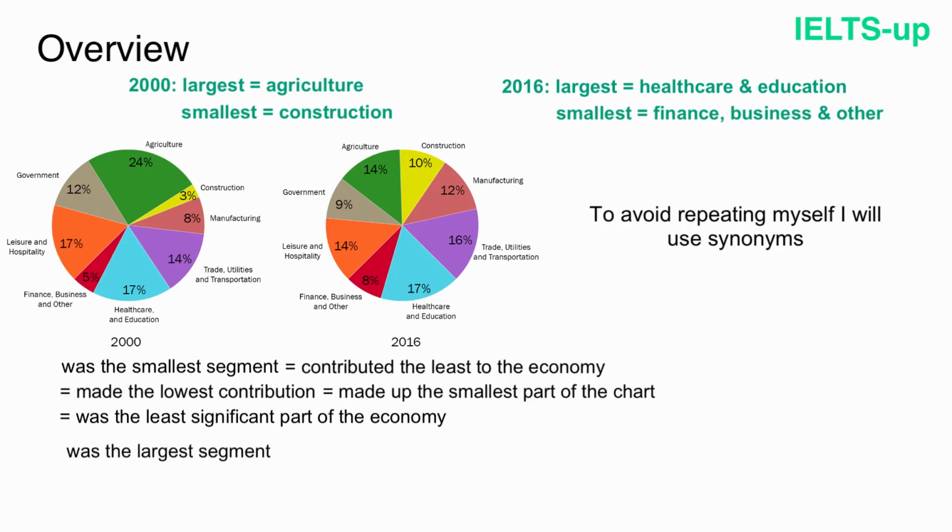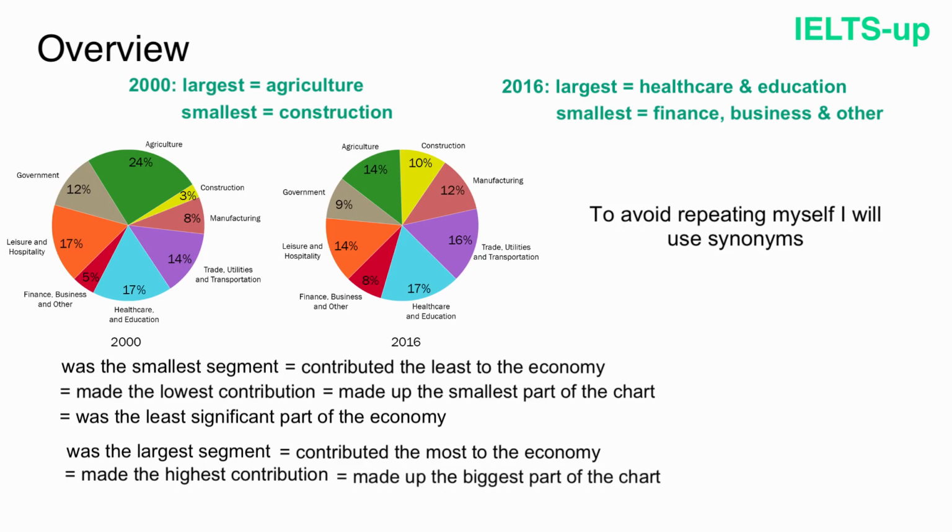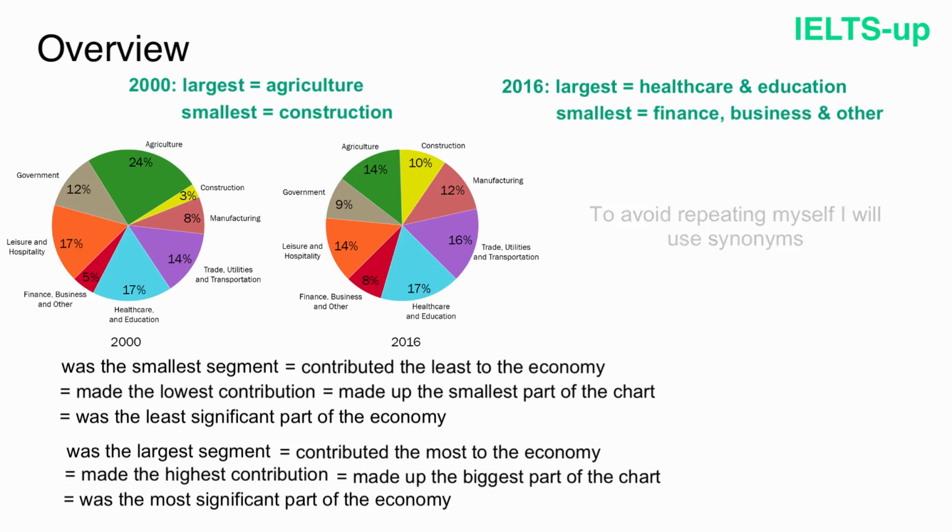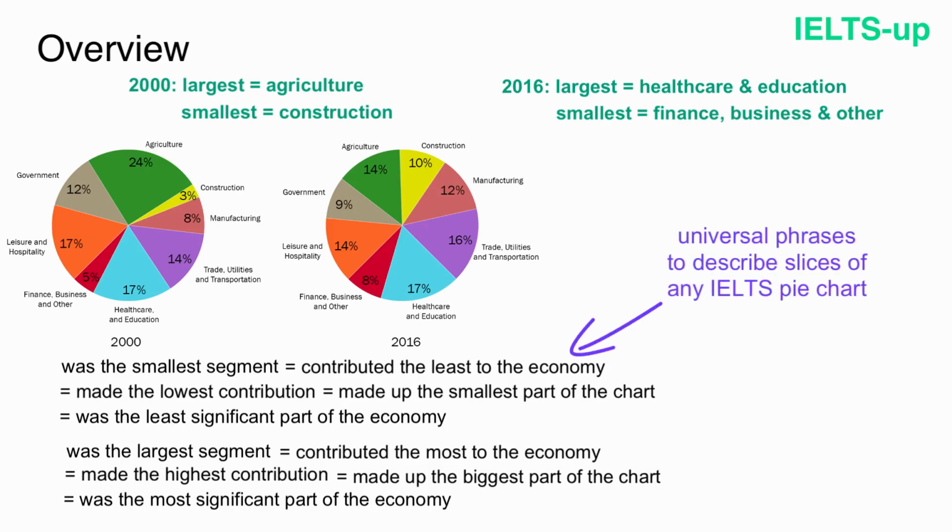"Was the largest segment" can be replaced with "contributed the most to the economy", "made the highest contribution", "made up the biggest part of the chart", "was the most significant part of the economy". If we take away the word economy, you can notice that these phrases are universal phrases to describe slices of any IELTS pie chart. Keep in mind this useful vocabulary.